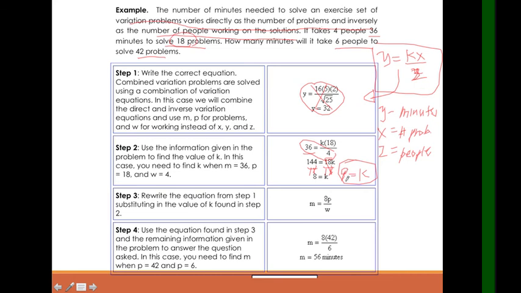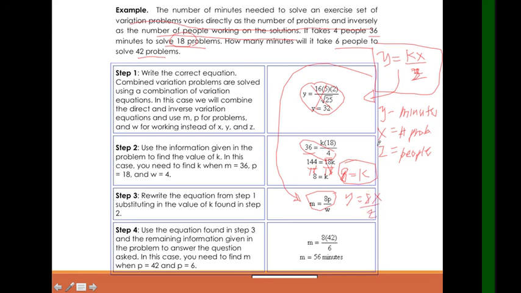Now, since k is 8, we will use the same formula: y equals 8x over z.